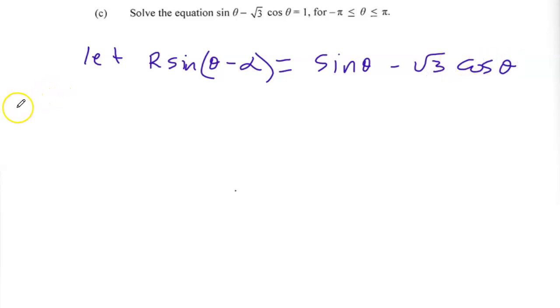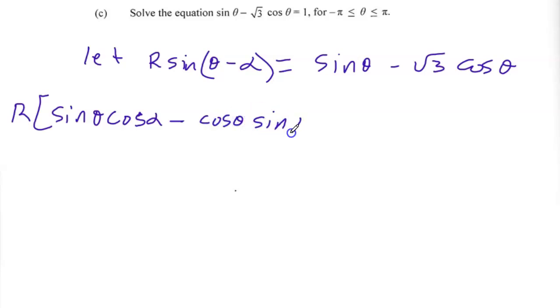If we expand, we would have R into sine theta cos alpha minus cos theta sine alpha, and that's equal to sine theta minus root 3 cos theta.